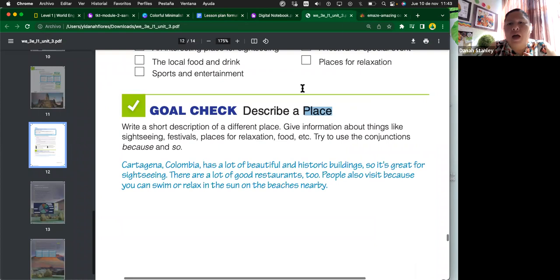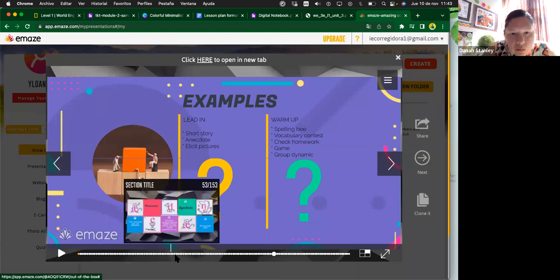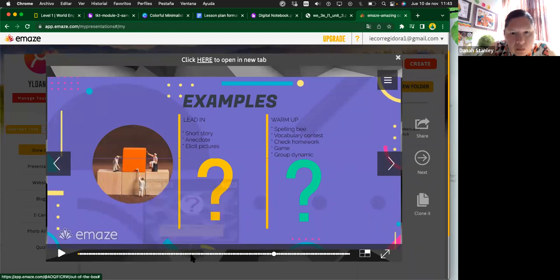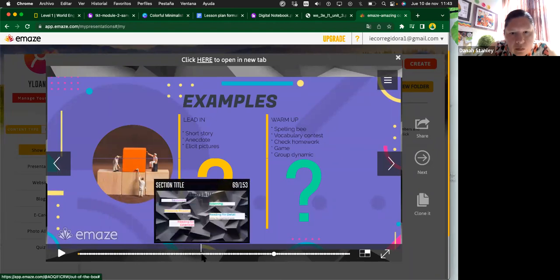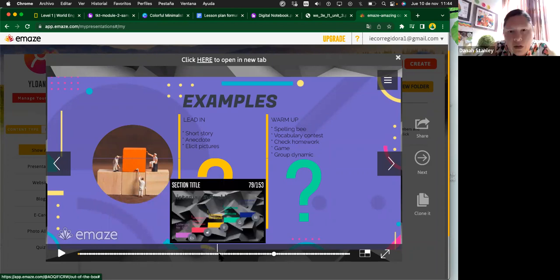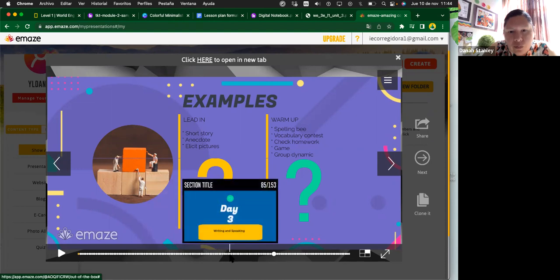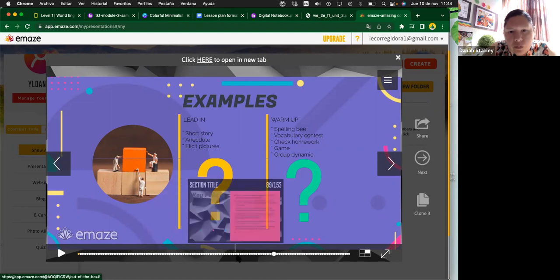Okay, entonces, I have already set the context. What is the first step in the writing process? Understanding the task. Entonces, what they are going to do.